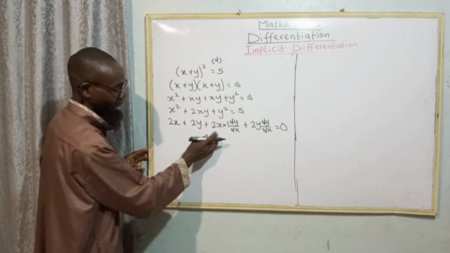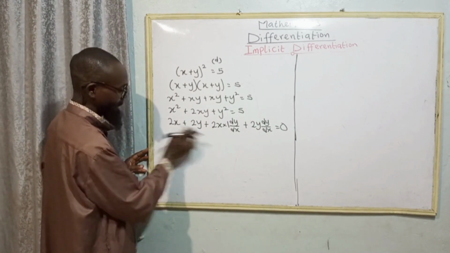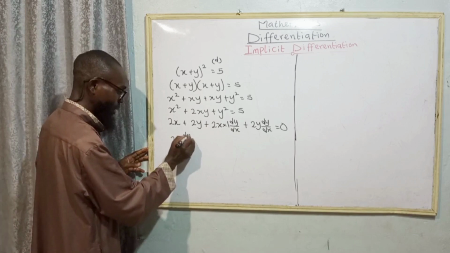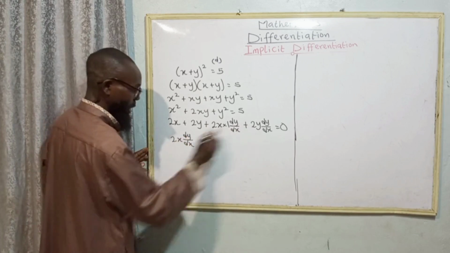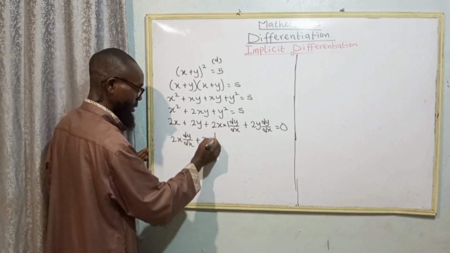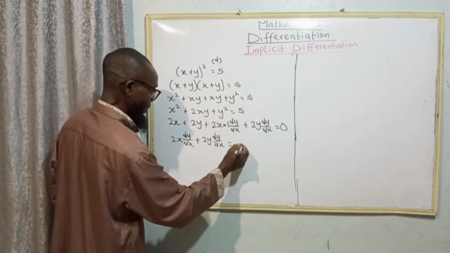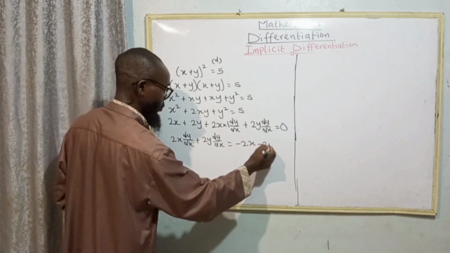So here, let's collect like terms, and this will move to the other side. 2x times 1, 2x, dy/dx plus 2y dy/dx is equal to, let this one move, minus 2x minus 2y.